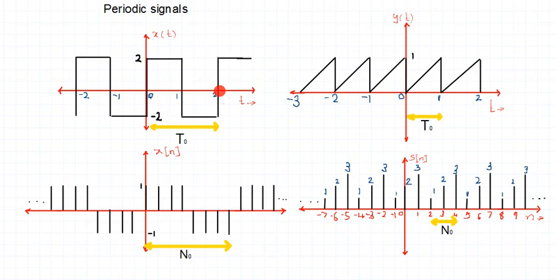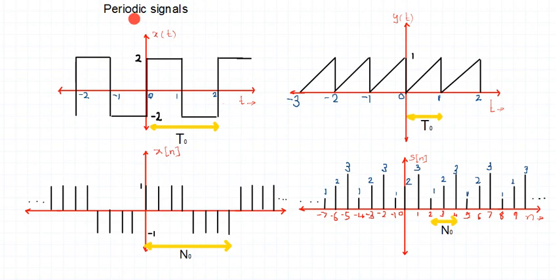The signals which repeat after a fixed, positive amount of time are called periodic signals. In all these 4 examples, let it be a CT signal or a DT signal, we see that these signals are repeating with a certain time period, and all these 4 signals fall under the category of periodic signals.